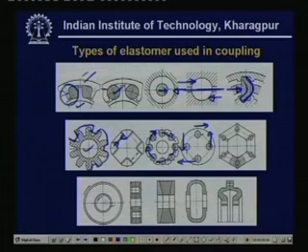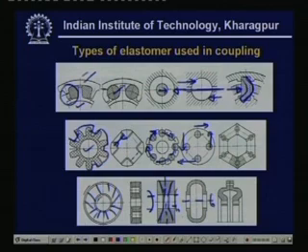Here of course there is a torsion, what you see here. So if this is the elastomer, then it is subjected to torsion. Similarly here this is subjected to torsion. If this is connected to one shaft and this is connected to the other shaft, when it rotates then you see a large torsional stress developed, so shear stress develops, and in addition to pure torsion it also withstands some shear. Here you see both the effect of torsion as well as shear.